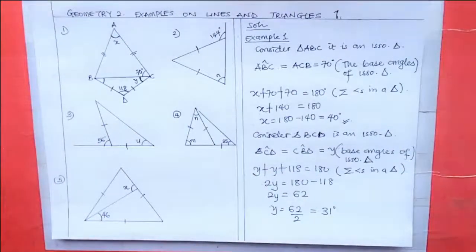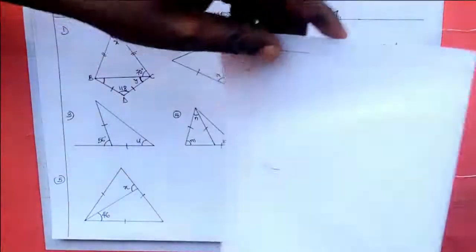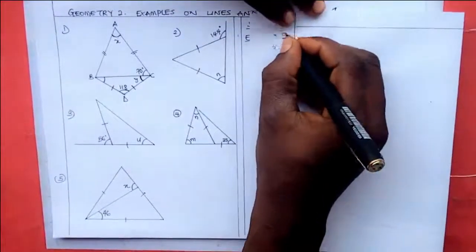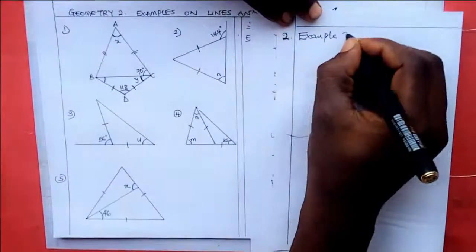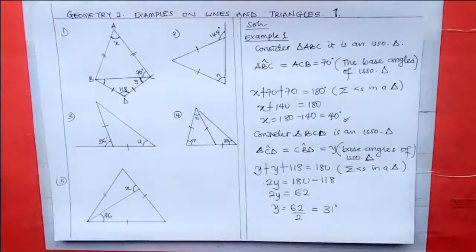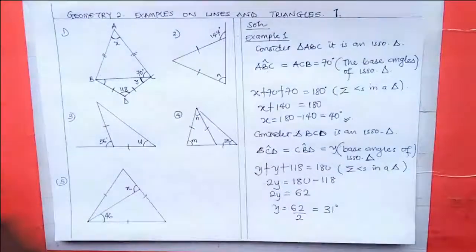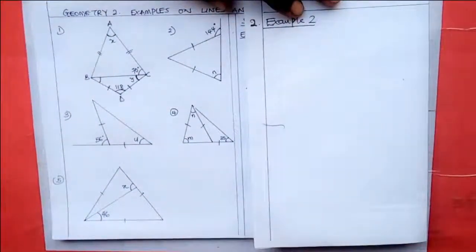In example number 2, I have also an isosceles triangle with an external angle.